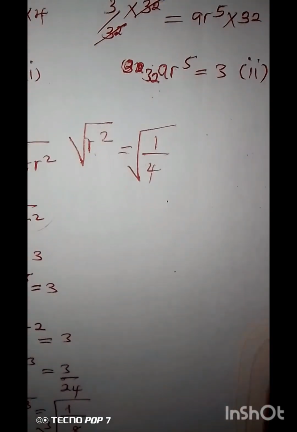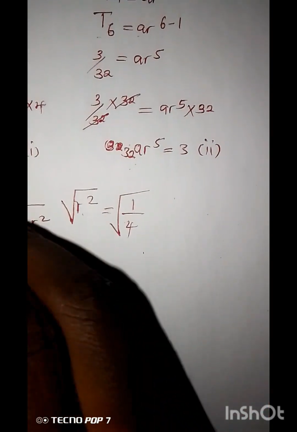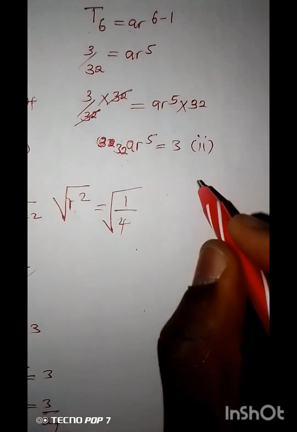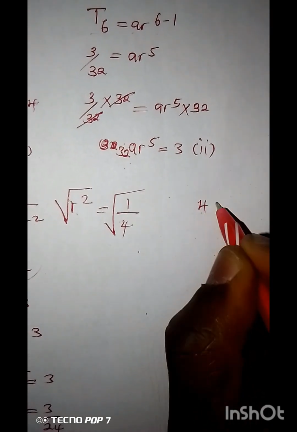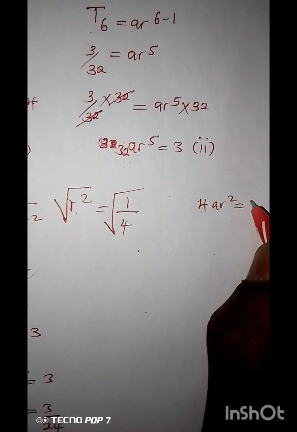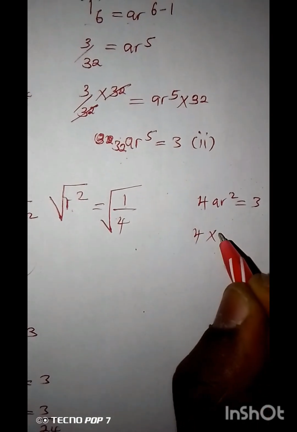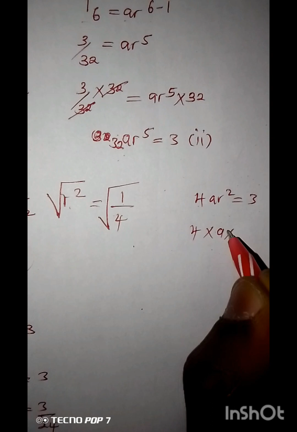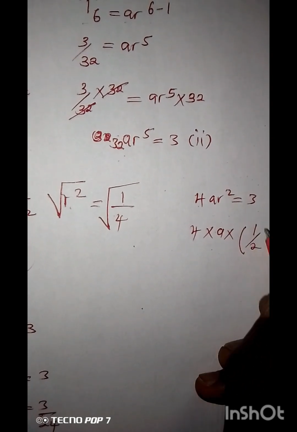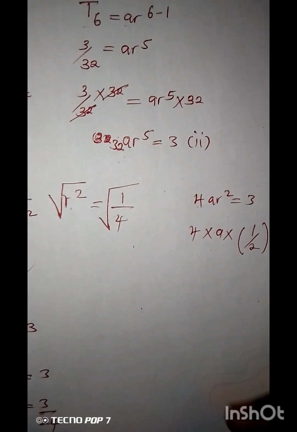Then we get this equation. We do this. 4a r to the power 2 is equal to 3. So our first term we don't have, but the common ratio is 1 over 2, to the power 2, is equal to 3.